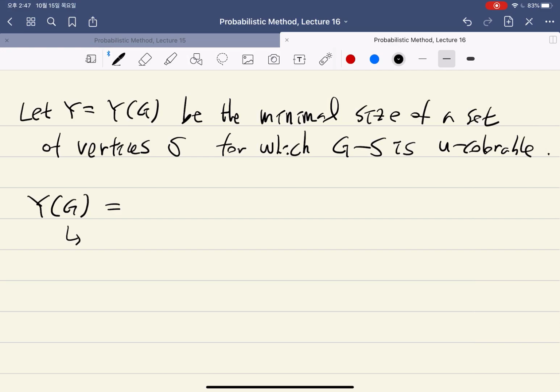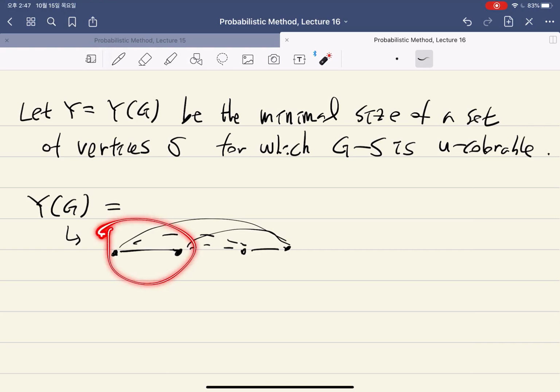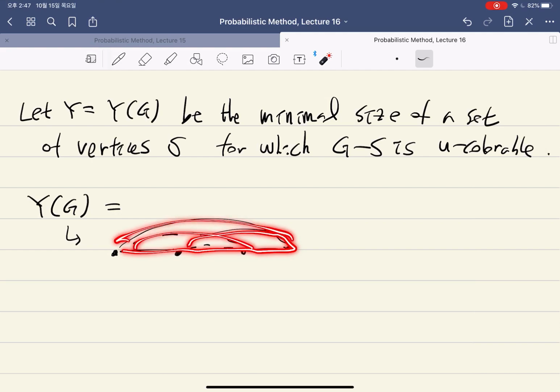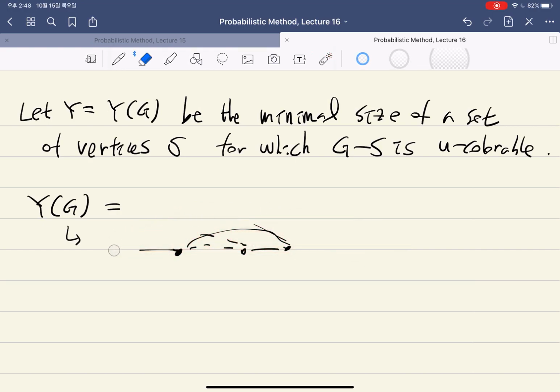And you consider the filtration so that every time you reveal the edges between the new vertex and the previous vertices. So this edge forms B1, and these 2 edges form B2, and then these 3 edges form B3, and so on. With that, if you change all the edges incident with one vertex, then Y(G) changes at most 1.